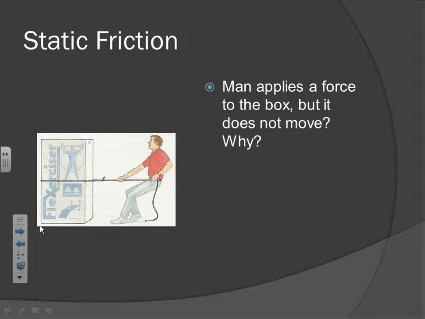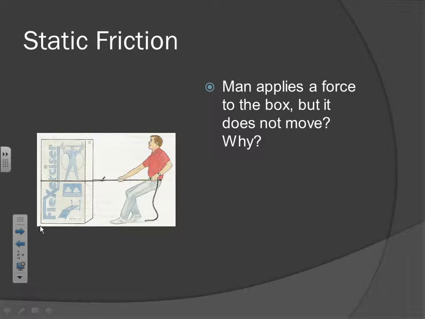Inertia being too high means it's too heavy, and that's not why it's not moving. Friction is equal to the force applied. Let's go more generically: there has to be another force on this box, right? Eris, which direction does that other force have to be? The opposite direction that he's pulling. How big does it have to be?